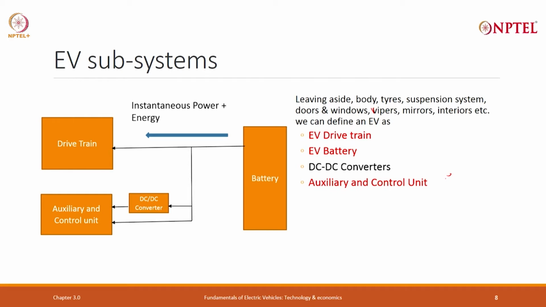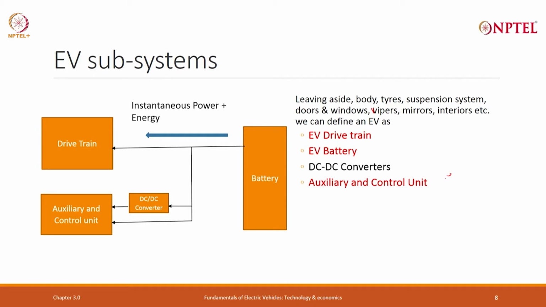EV battery, various DC-DC converters, and an auxiliary and control unit: air conditioning system, things like power brakes, power steering, all kinds of lights. All these are auxiliary and drive control. Even opening of doors nowadays, electrically, is part of the auxiliary and control systems.